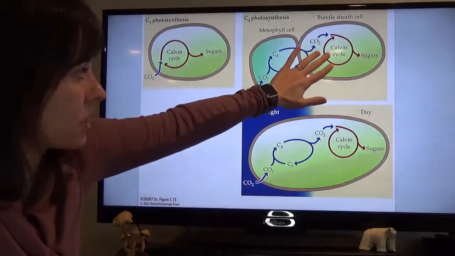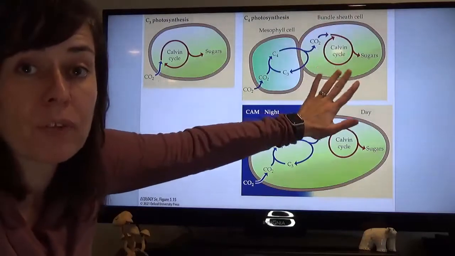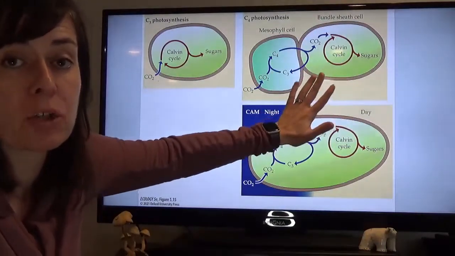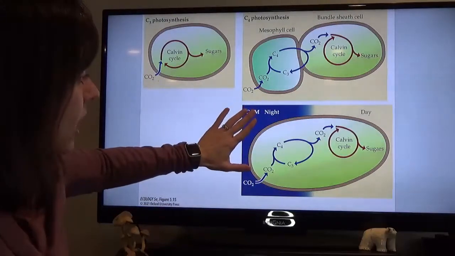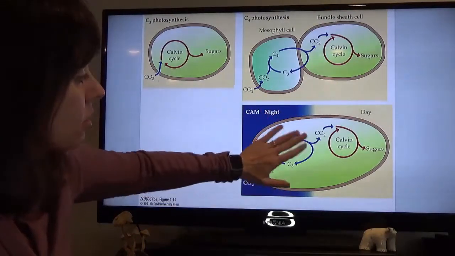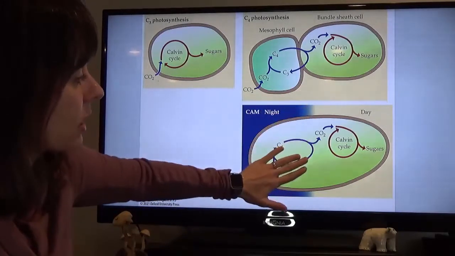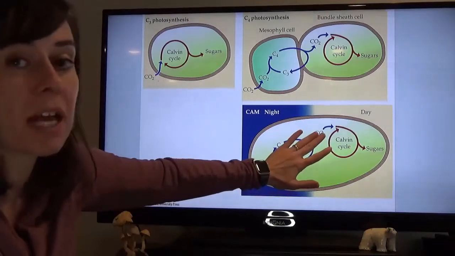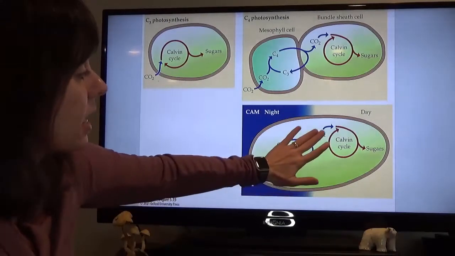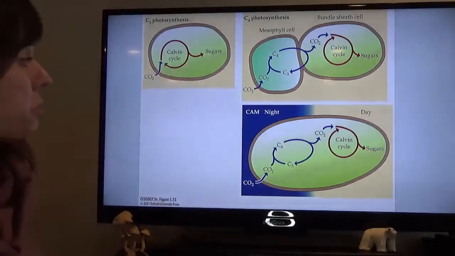Again, using the Calvin cycle, that CO2 is fixed and produces sugars, but with far fewer mistakes with respect to photorespiration. And then finally, we have CAM photosynthesis, where we have CO2 uptake at night, conversion to this 4-carbon organic acid, and then during the daytime, the carbon dioxide is released from that 4-carbon organic acid and fixed in the Calvin cycle as per C3 photosynthesis.